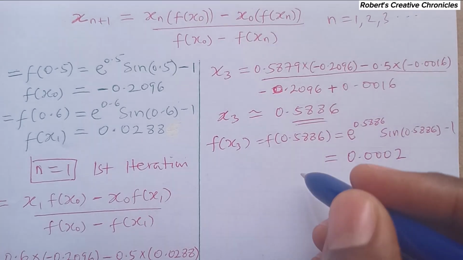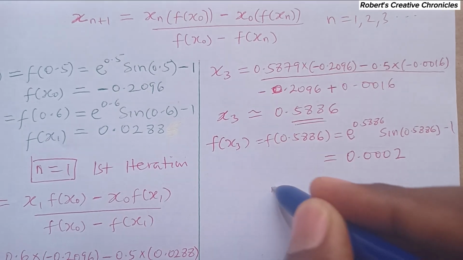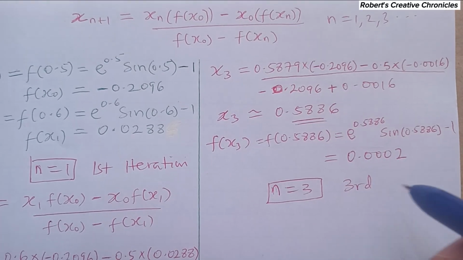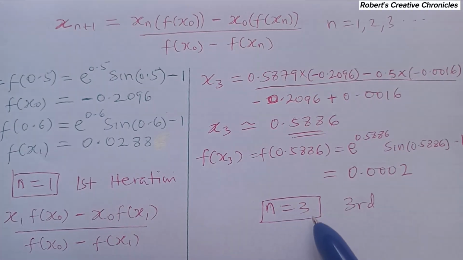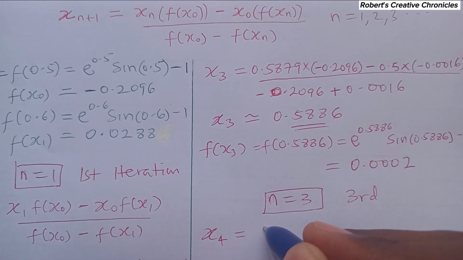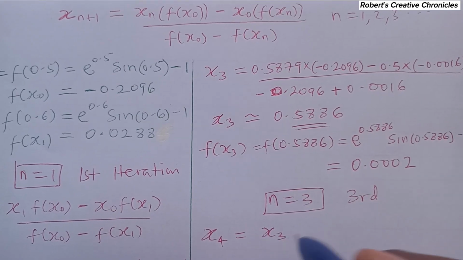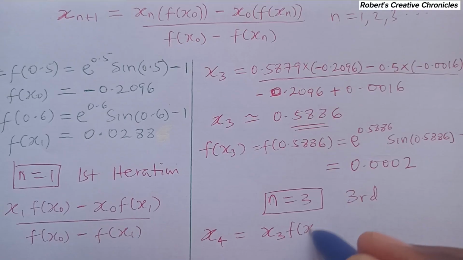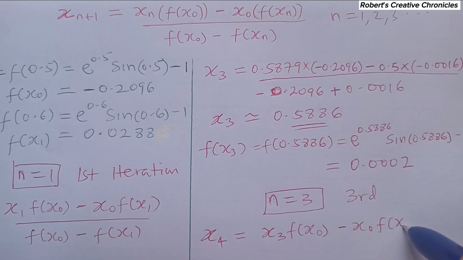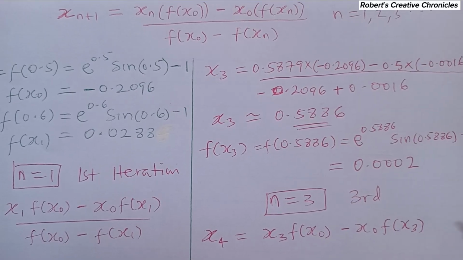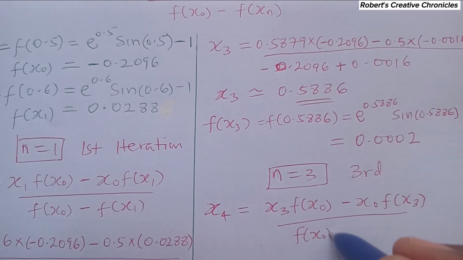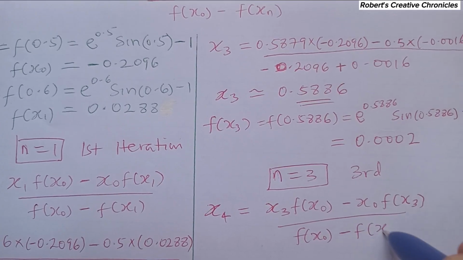So now we can do the third iteration. n now is equal to 3. When we substitute n is equal to 3 in the original equation, x4 is equal to x3 f(x0) minus x0 f(x3) over f(x0) minus f(x3).